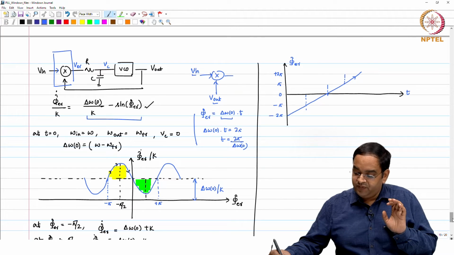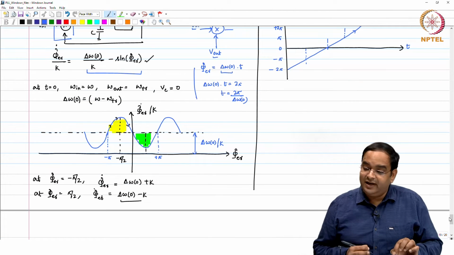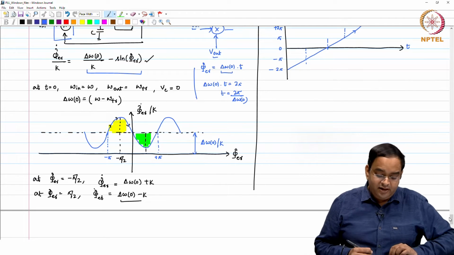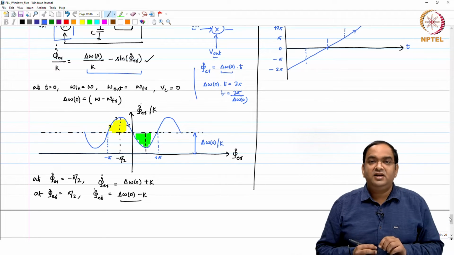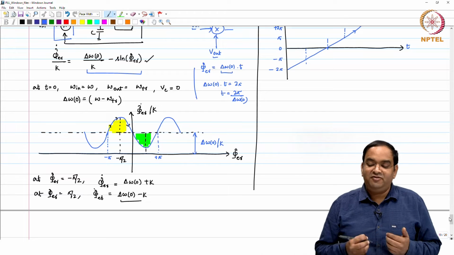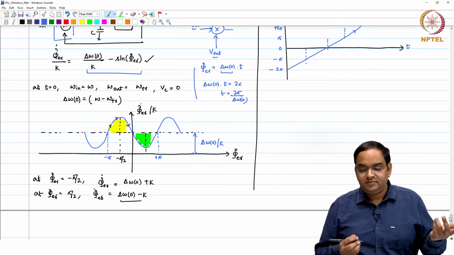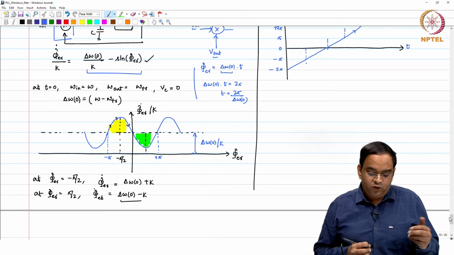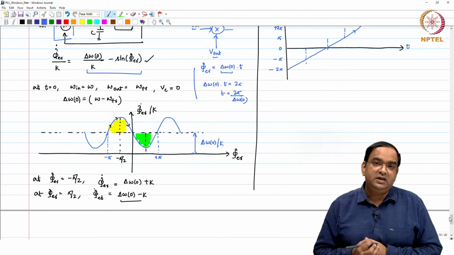Now, we have just analyzed that if the frequency error is larger than k, then sometimes the phase error increases slowly and sometimes the phase error increases in a fast manner. Okay. So, both the things will happen.